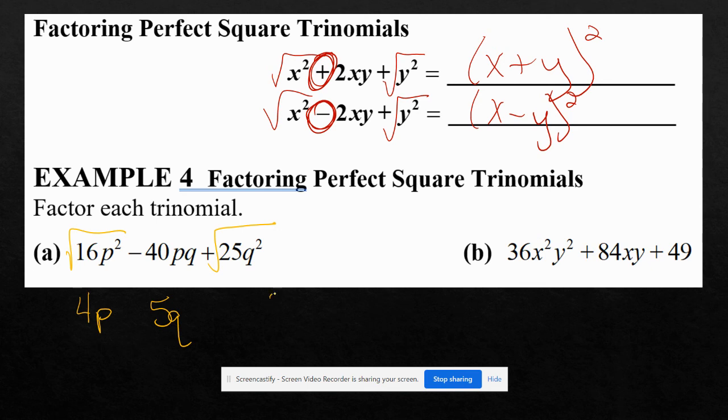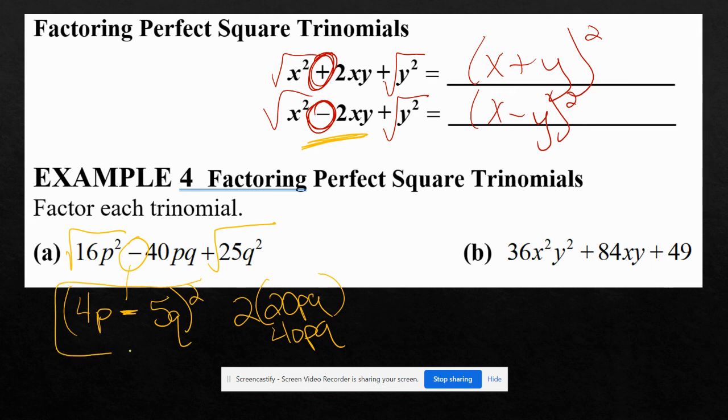Well, 4 times 5 is 20pq, and then double it, which was the factoring pattern up here. 2 times 20 is 40pq. So my last step for factoring, bring down that subtraction and then write it as squared, and that's your answer.